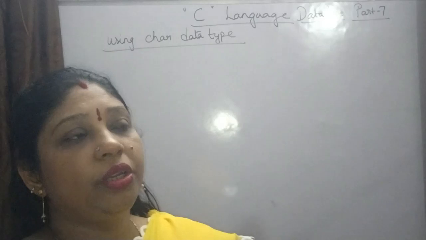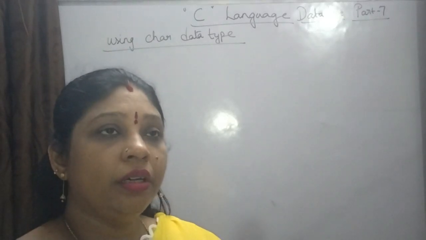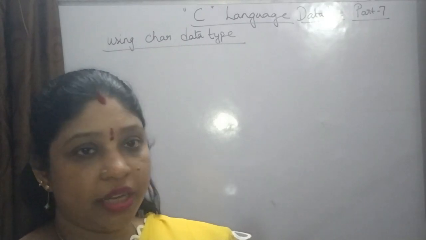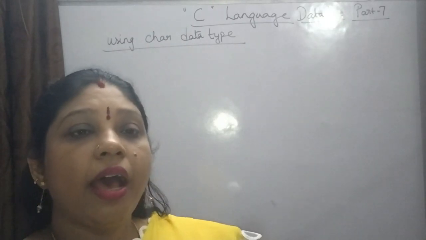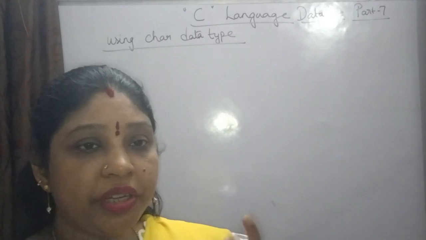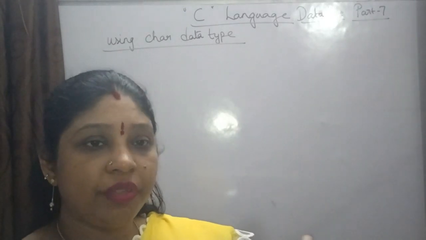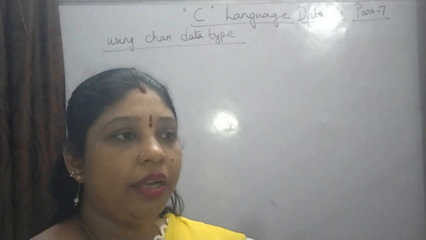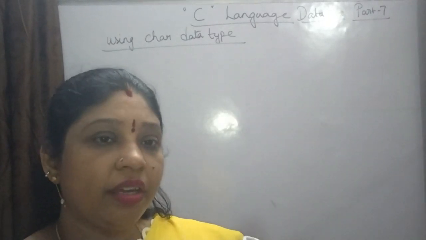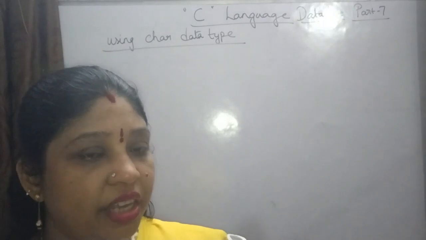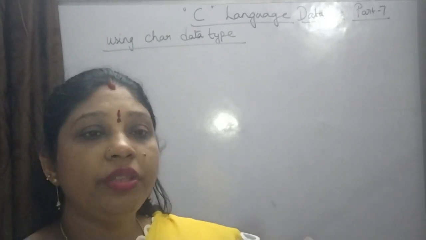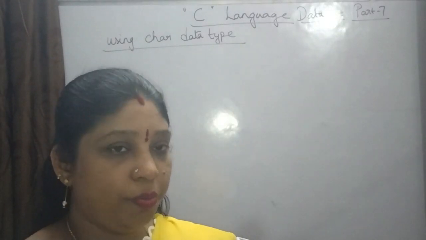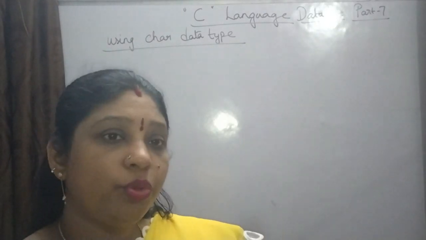Here I am going to discuss signed and unsigned chars, and how to retrieve the data by using data type char. When you use unsigned char, what happens? When you use signed char, what happens? And how the data is retrieved and given out as output. All those things I'll be discussing through examples.